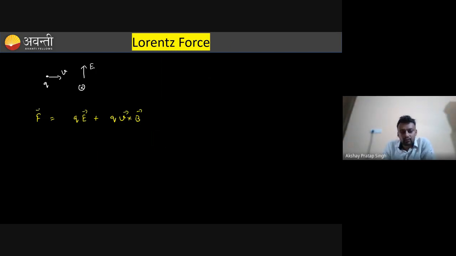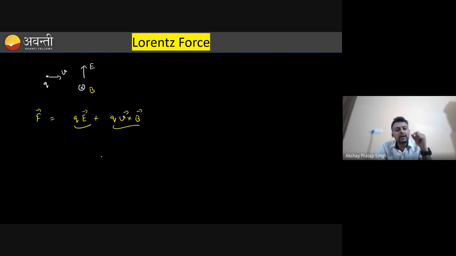Am I clear to you? When a charge moves in an electric field and magnetic field, both present simultaneously, the charge will experience both forces, and this combination of forces is known as the Lorentz force. This one is known as the Lorentz electric force and this one is known as the Lorentz magnetic force.